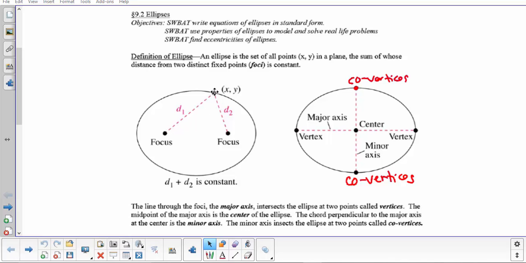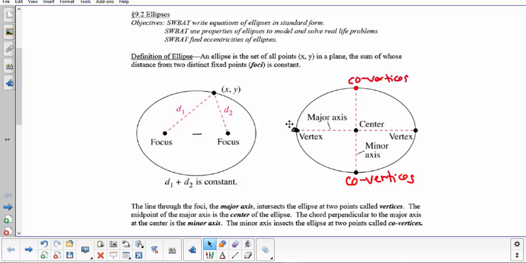So if you're closer to the middle, it's going to be out here further, but when you get toward the end, then it'll be close to this focus point, but really far from this focus point. Anyway, that's a good video to watch to give you a picture of how all this works.